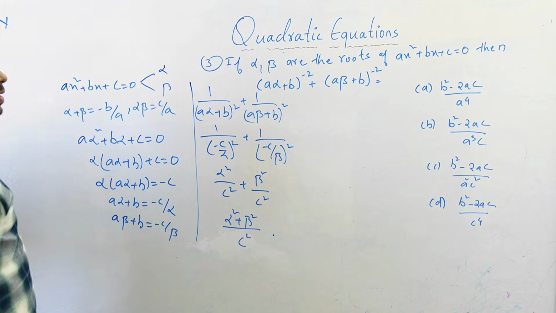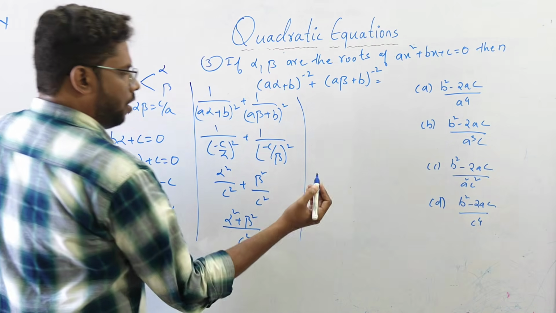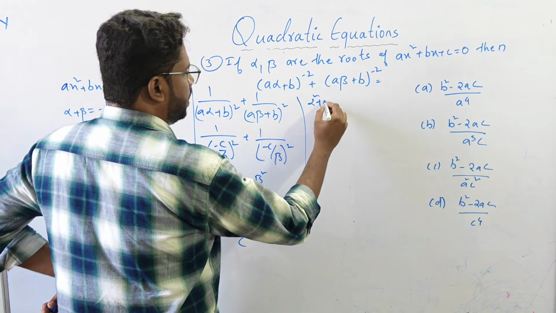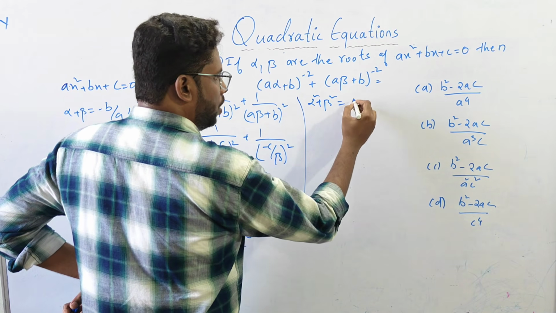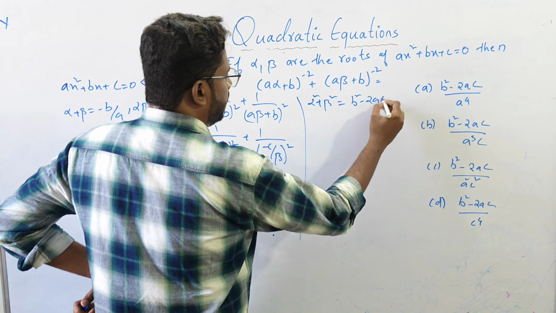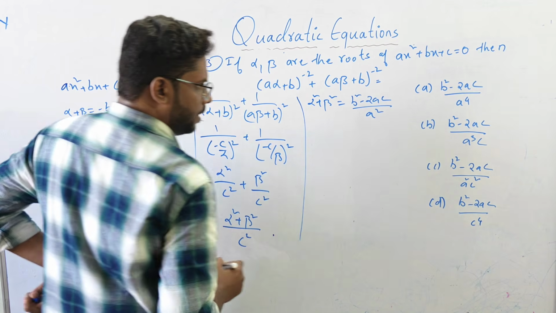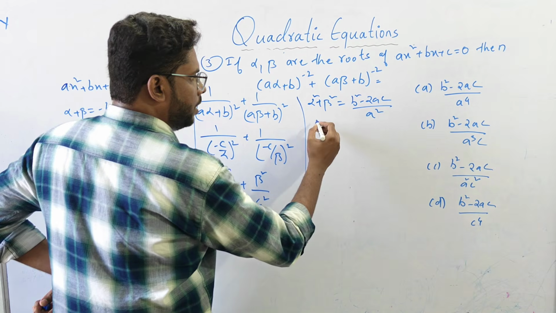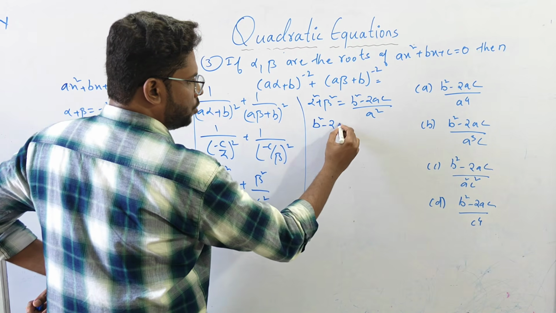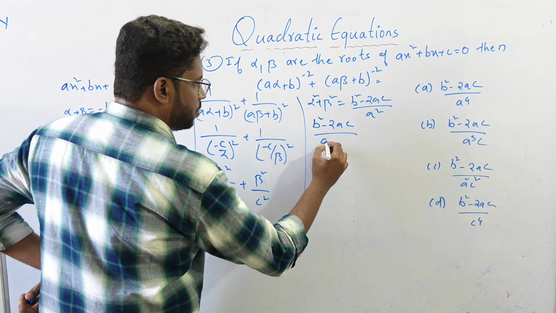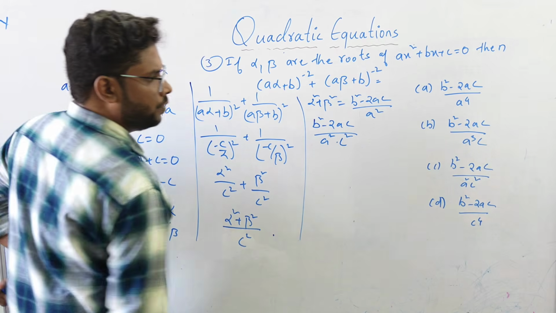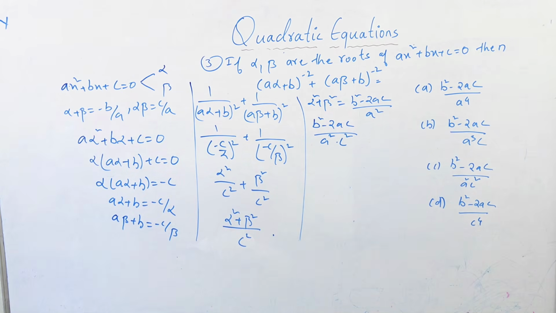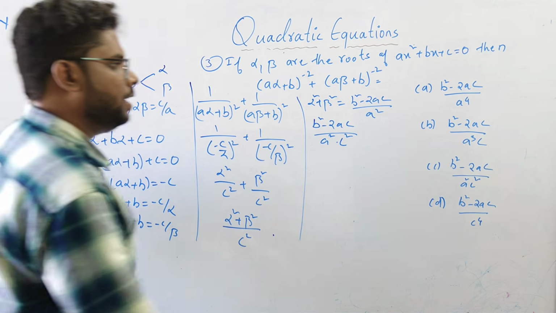What is alpha square plus beta square? Already we know that alpha square plus beta square equals (b square minus 2ac) by a square, correct? So substituting the values, we get (b square minus 2ac) by a square into c square. Which option is correct? Option C is correct.